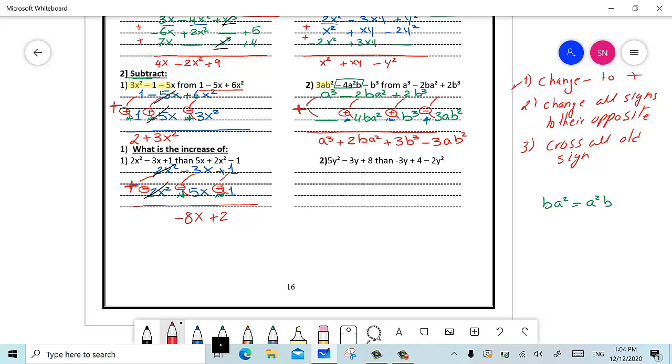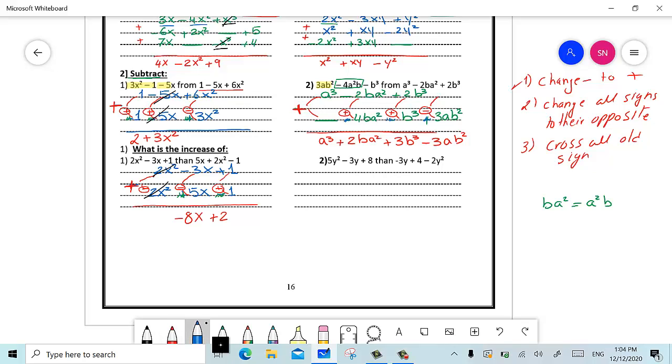Again, let's see question number 2. What is the increase of 5y squared minus 3y plus 8, then negative 3y, positive 4, negative 2y squared? So again, we said that when I have to find the increase of one expression from another, this means that the first expression is greater.